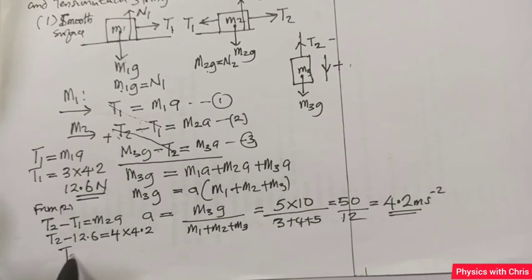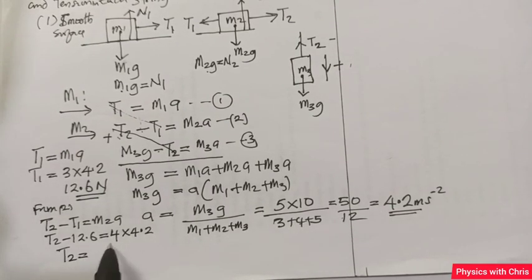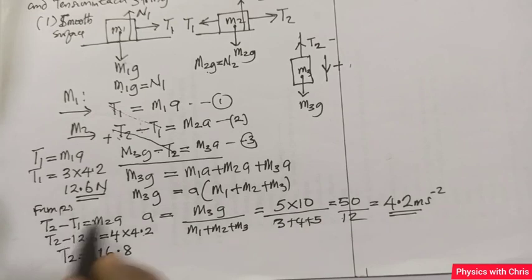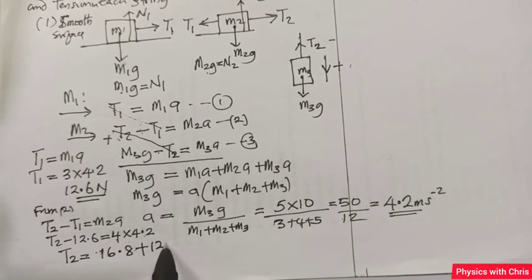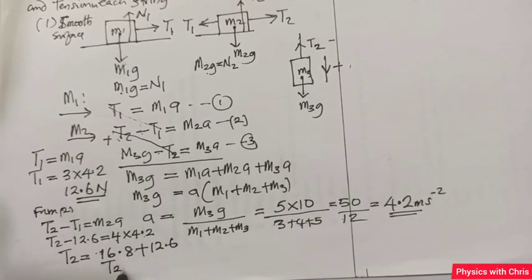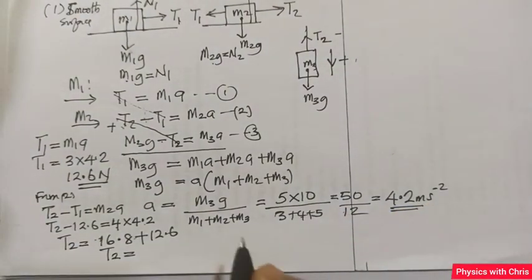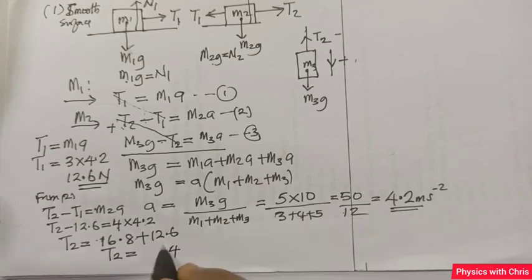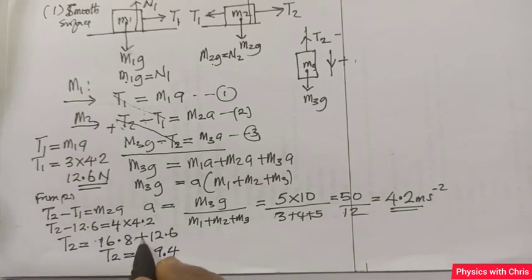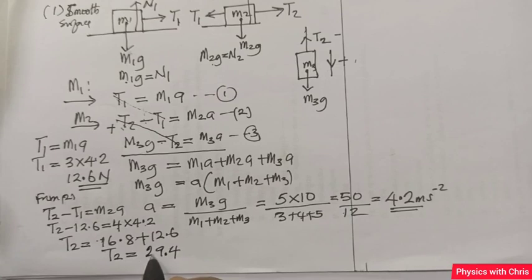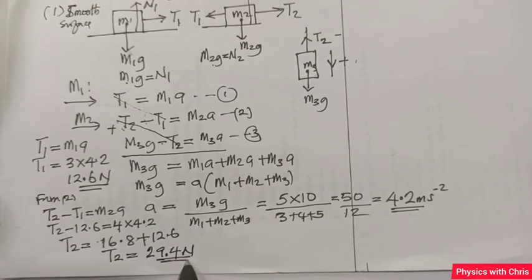That gives me T2 is equal to, when I collect like terms now, 4 times 4.2 gives me 16.8 first of all. Bring this to this side gives me plus 12.6. So that my T2 now, that's the tension in the second string, is given by the sum of this, which gives me 29.4 Newton.